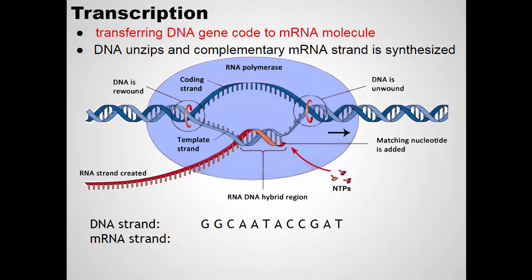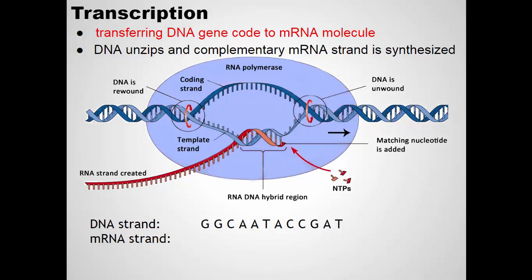So if, let's say, the DNA bases in this area were G, G, C, A, A, T, A, C, C, G, A, T, the RNA that it forms is complementary to it. So what would go with this G in the RNA? C. And then U. Why U?